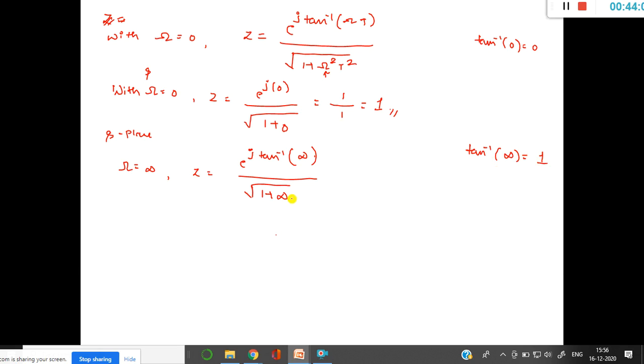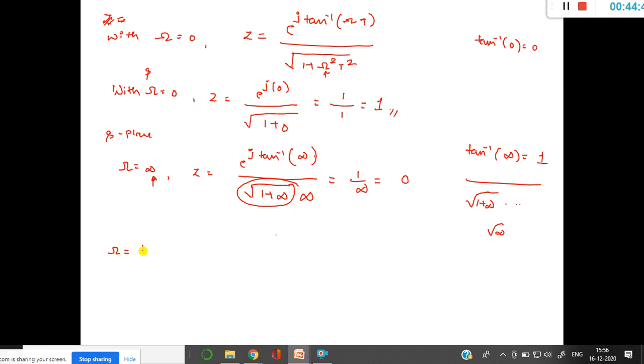And in the denominator, look at the denominator term. This is 1 plus infinity. If I add 1 to a huge value, it itself is a huge value. So therefore this is infinity itself, and in the denominator I can replace with infinity, and this becomes 1 by infinity, which means that if you are trying to map a very high frequency in the S plane, in the Z plane it maps to 0 frequency. That is what the meaning is here.